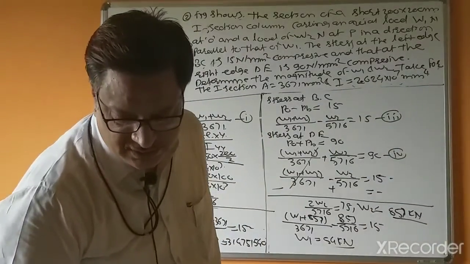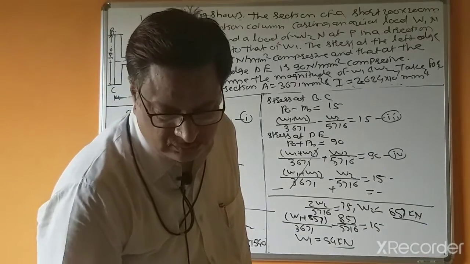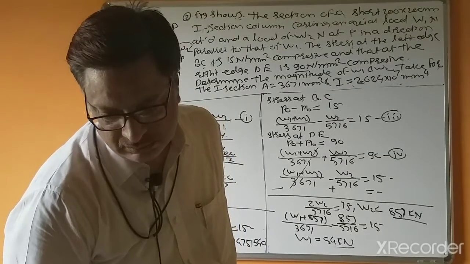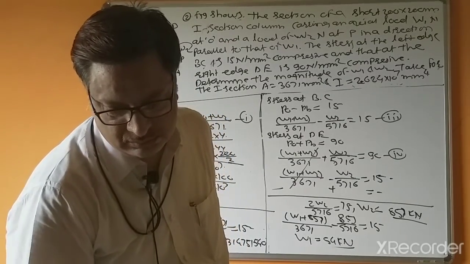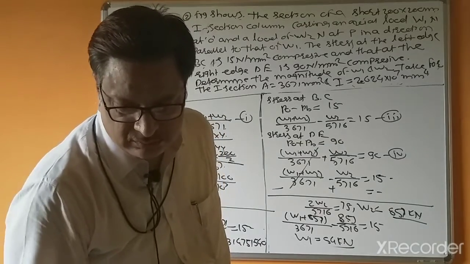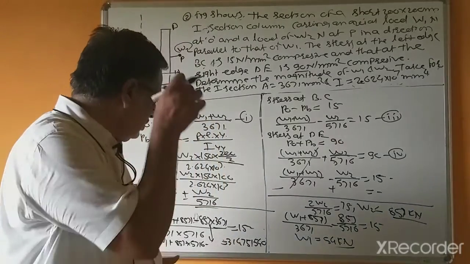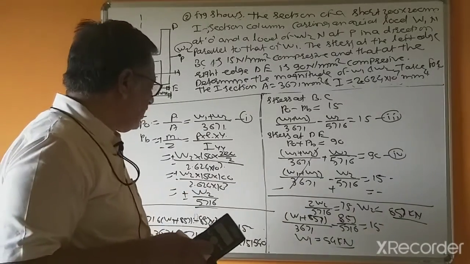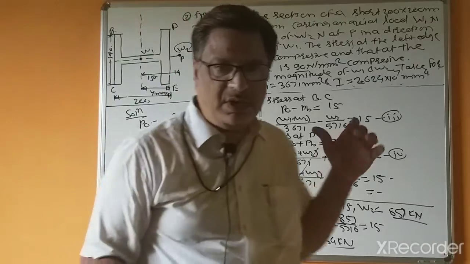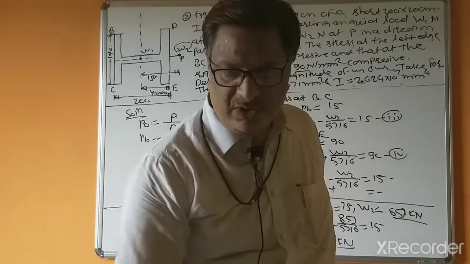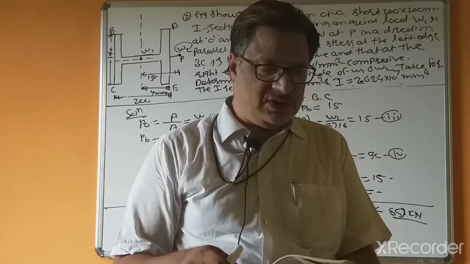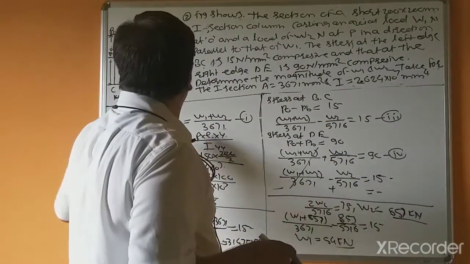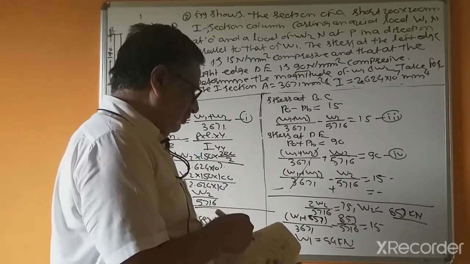I will check my answers. So something is wrong because my answer is different, but this method is correct. So I think the mistake may happen in the calculations, but due to the limitations of time, I will skip here. You try to solve these equations, you will get the correct answers.